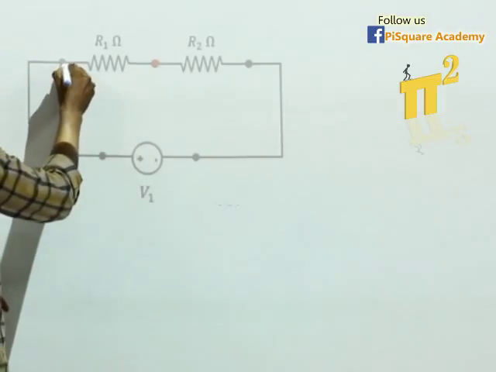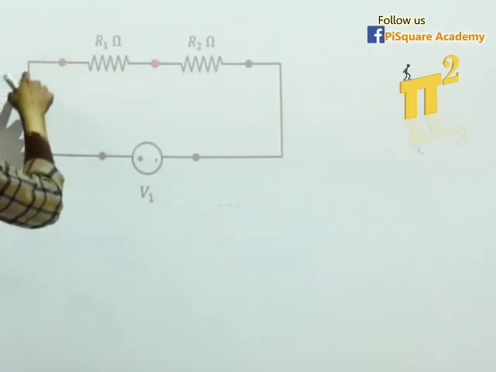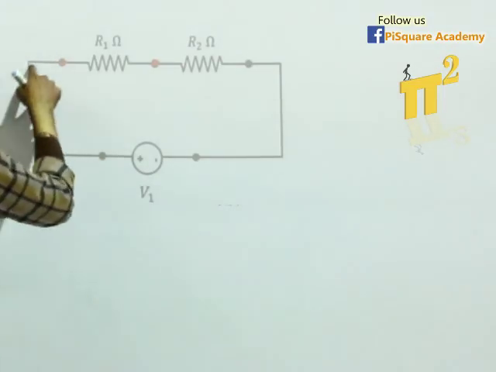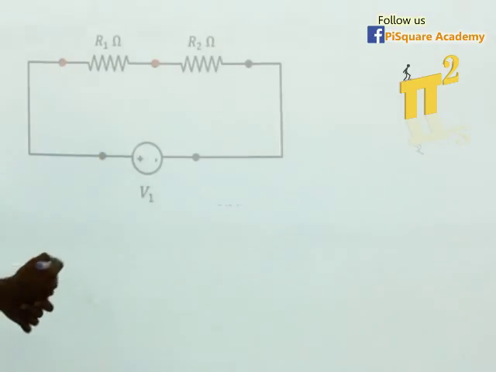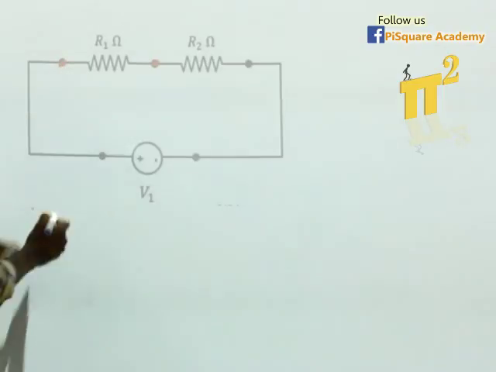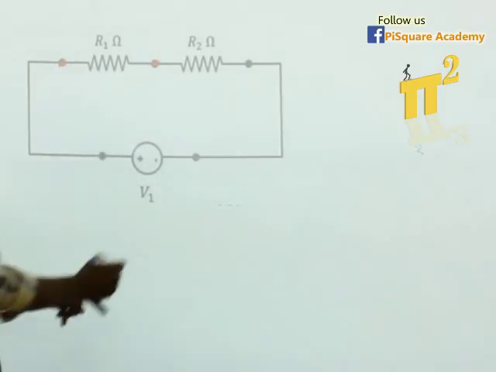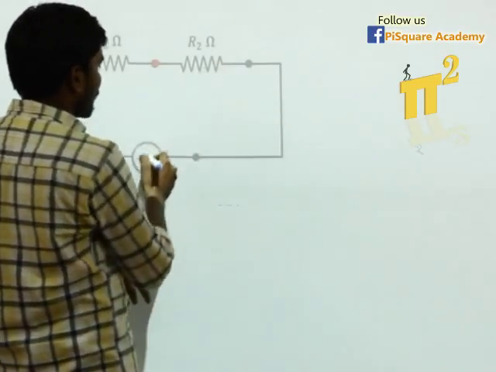And what is the degree of this node? This node and this node is same, because in between there is no element connected. So degree of this node is 2. So these two are in series. What about these two?